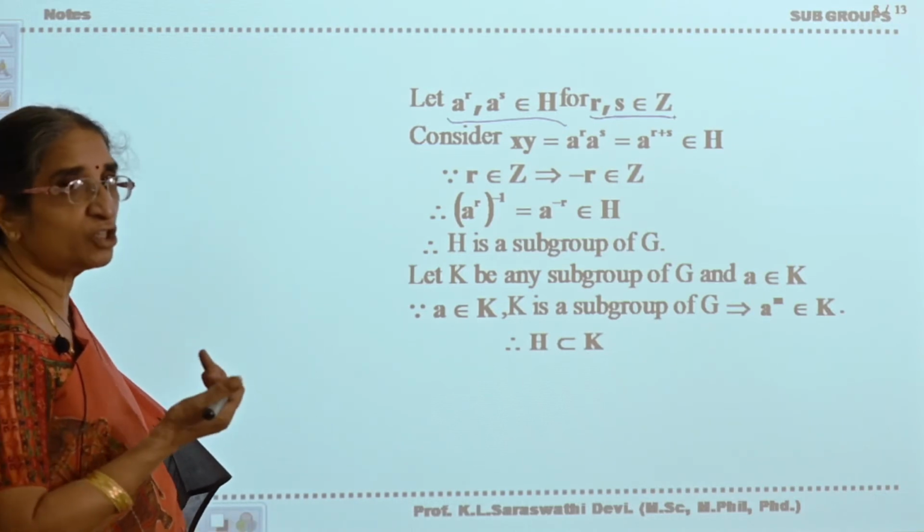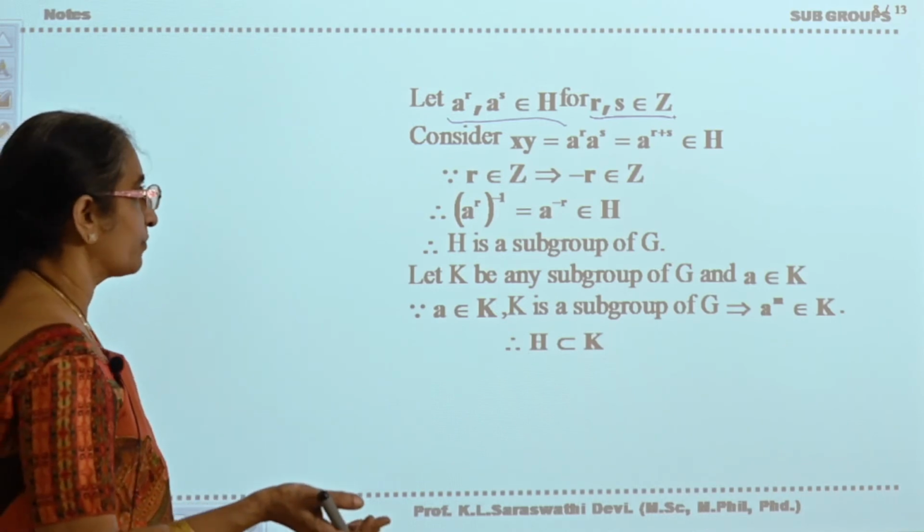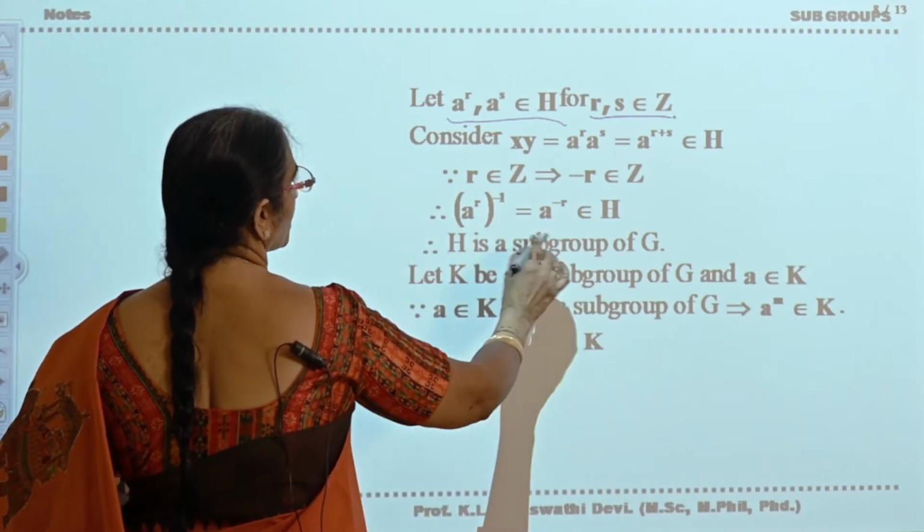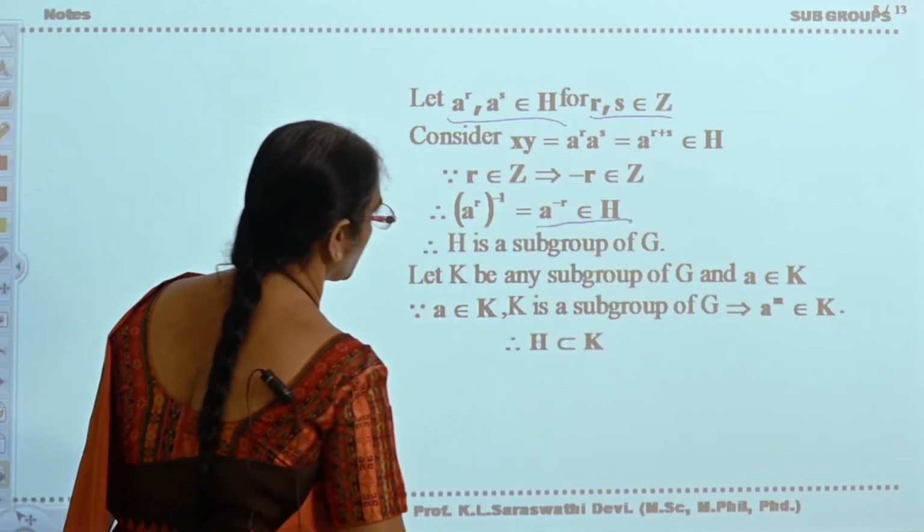The additive inverse will exist. The inverse of r is minus r. So A power r whole power minus 1 is equal to A power minus r belongs to H.